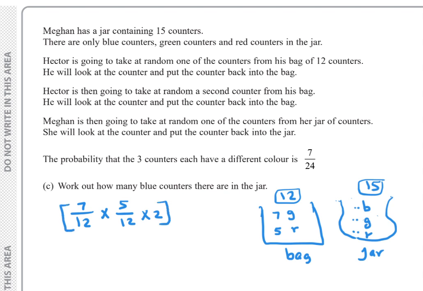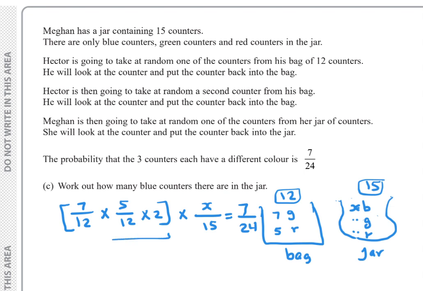So this is the probability that the first 2 counters have different colors. Now for the third one, the probability of blue, if we consider that we have x counters blue, so multiply by x over 15 equals 7 over 24.